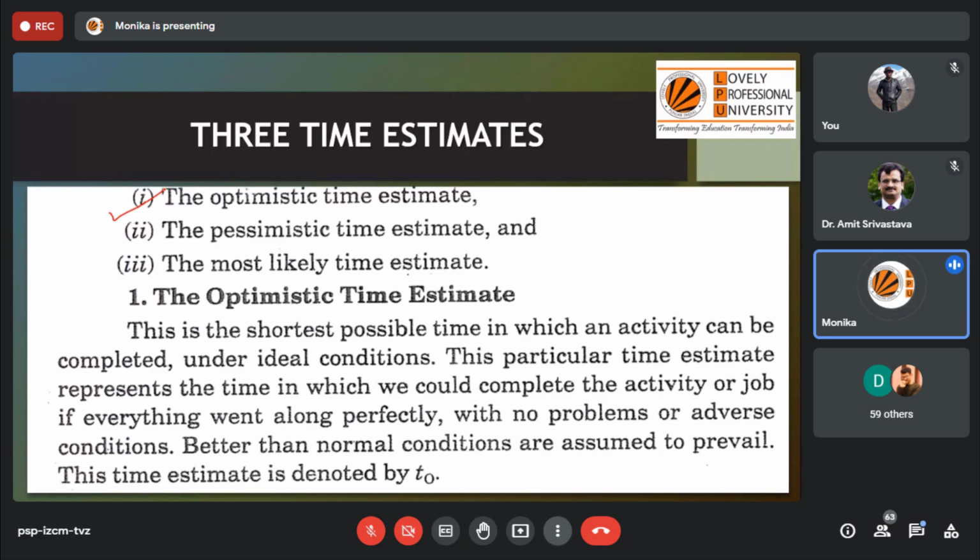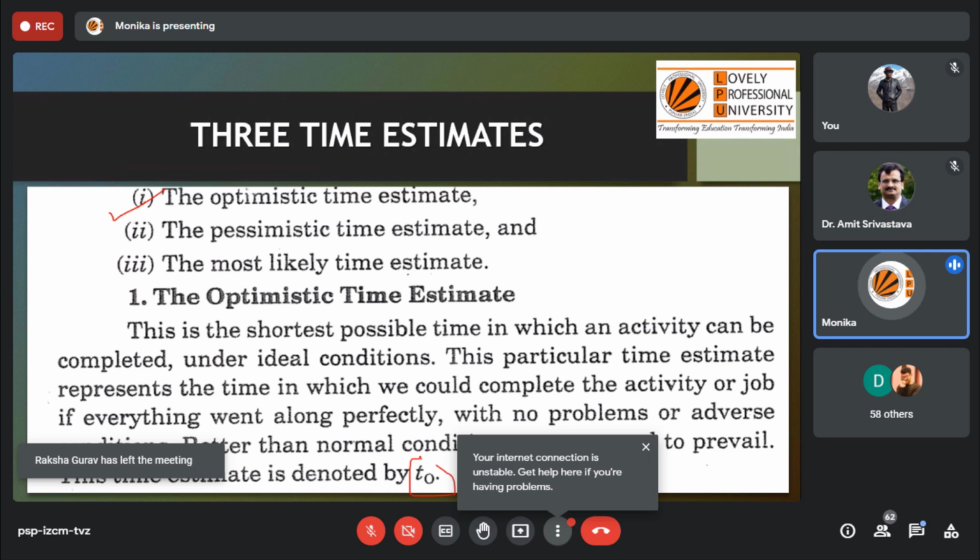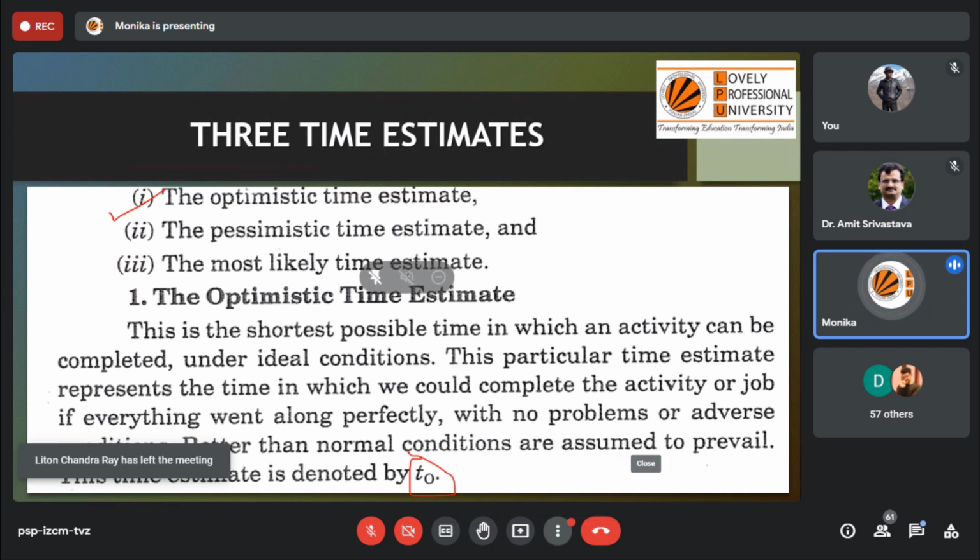We know that in actuality this situation is not practical, because it's not possible that everything is going to be perfect. So this first time estimate is denoted by T naught or T0, in which we consider that everything is in favor, nothing is wrong. Now the next time estimate is the pessimistic, which is the opposite of the first one.